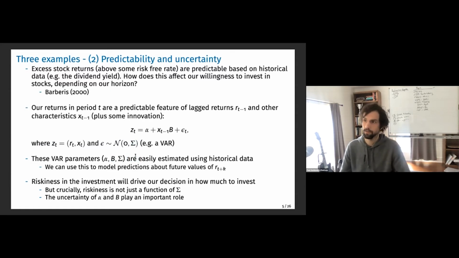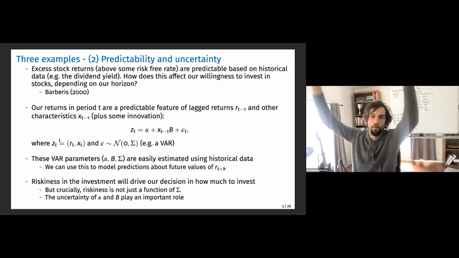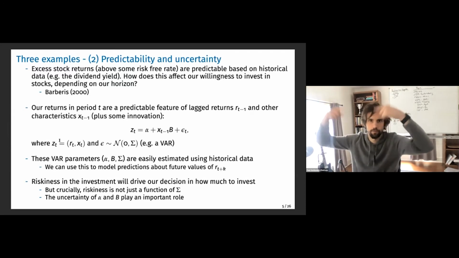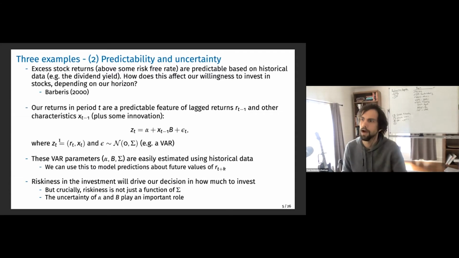We can use these to model predictions of future values of R_{t+k}. For those of you who've ever done anything like this, it's pretty straightforward. If you haven't seen it, all we're saying is we're going to put in a system of equations, and once we've estimated it, we can predict forward what future expected values are. You just plug and chug into this machine and iterate forward.